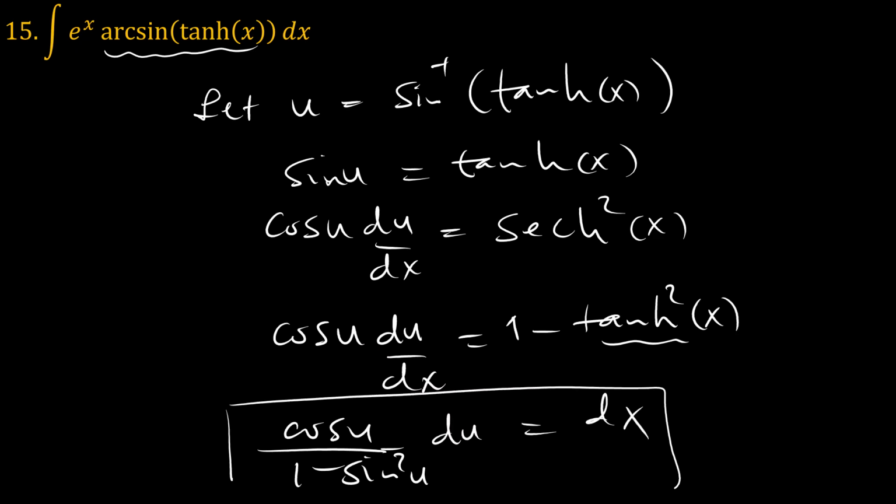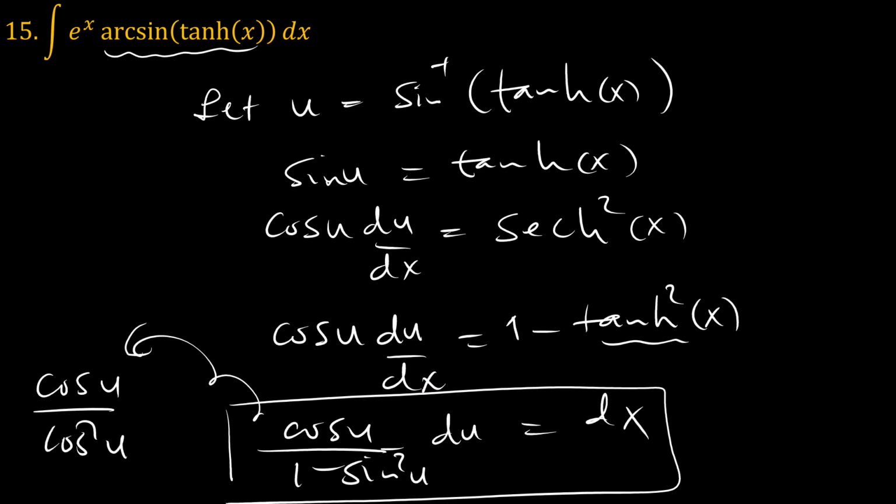So important part, but it's also crucial here to see that this is the same as cosine of u over cosine squared of u, which is the same as 1 over cosine of u.